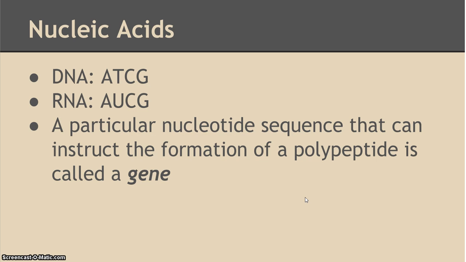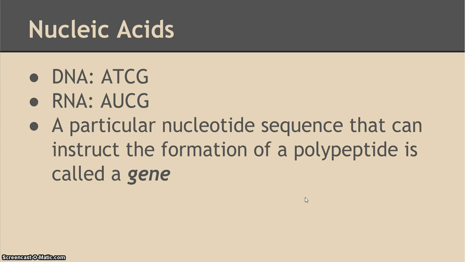So in nucleic acids in DNA, we have the bases A, T, C, and G. It's not important for you to know the names, so don't really worry about that. And in RNA, you see that we do not have T's, but we have U's. The rest of them stay the same. And a particular nucleotide sequence, so those A's, T's, C's, and G's that can instruct the formation of a polypeptide is called a gene.